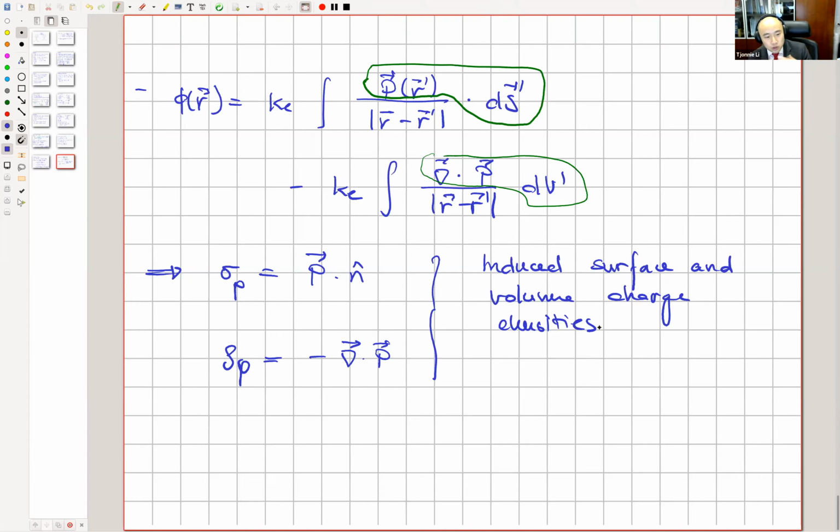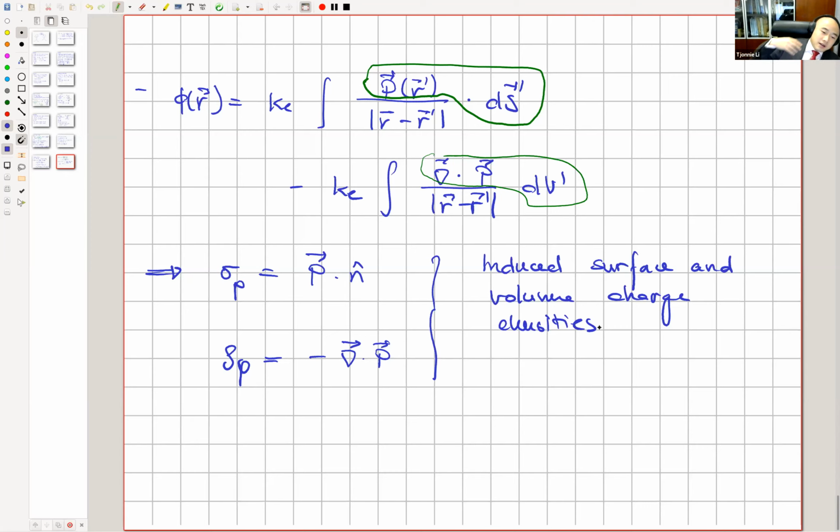So it's an induced surface charge, or an induced volume charge density. And so that's the thing that we tend to see happen.